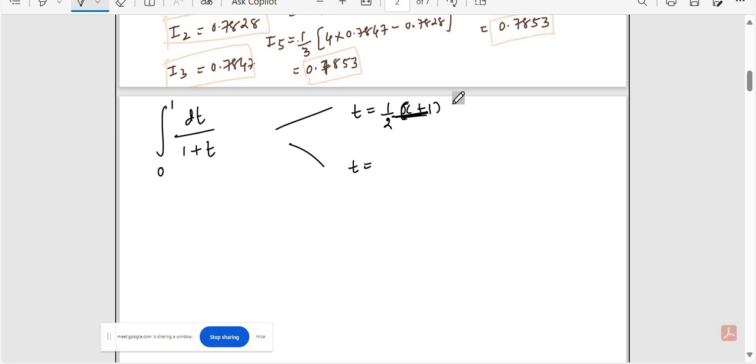Now check your limit. When t is equal to 0, what will be the value of x? -1. Very good. And when t is equal to 1, what do we get for x? 1. That means my supposition is correct.